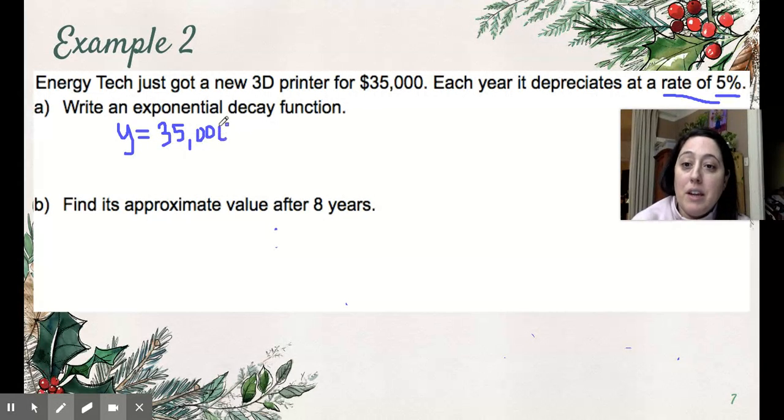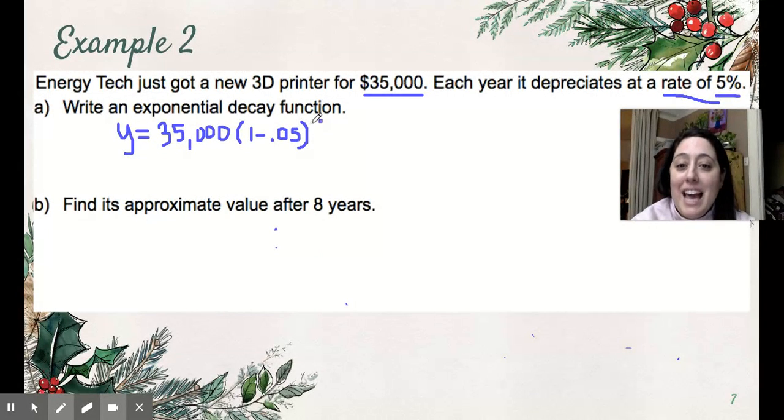All right. And now I want to know what the common difference is, right? And remember, the common difference is 1 minus the rate. So 1 minus, and 5% as a decimal is 0.05. Okay.